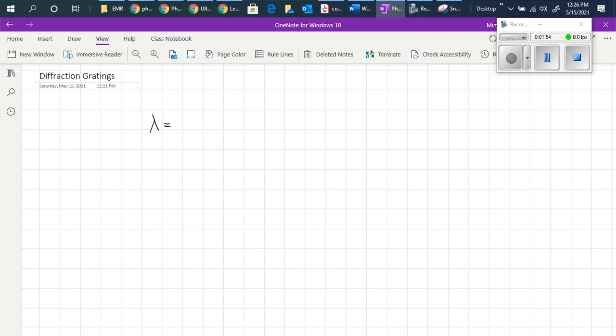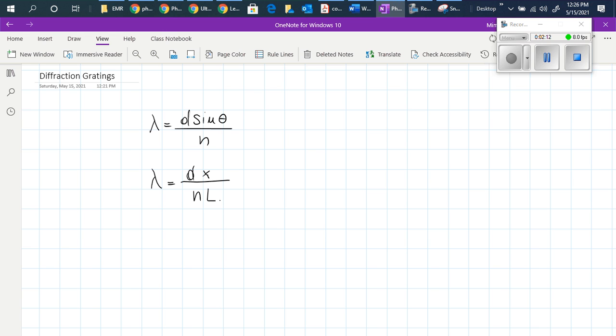So lambda is equal to d sine theta over n, or lambda is equal to d x over n L. And now we know that d is the distance between the two slits.